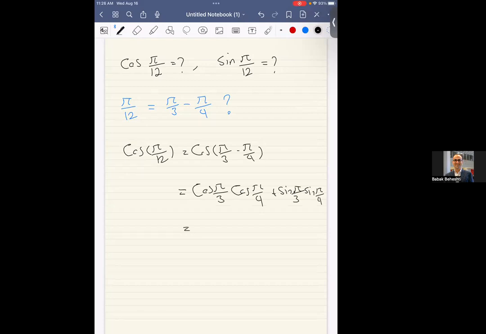So this would be equal to 1/2 times root 2 over 2 plus root 3 over 2 times root 2 over 2. So this is equal to root 2 plus root 6 over 4.